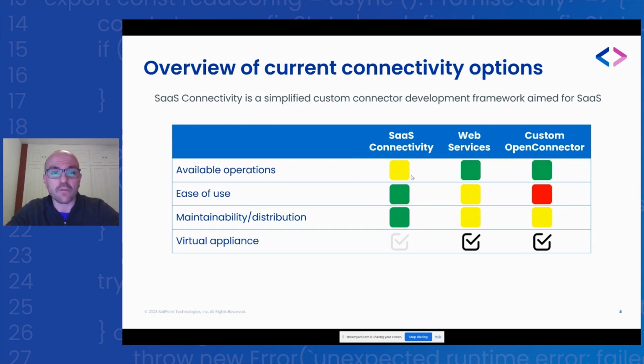It's going to have full features. In terms of ease of use, you may think that the Web Services Connector is something you could be more comfortable with to get started than SaaS connectivity, but I beg to differ. The Web Services Connector may be very friendly because you have a UI and you just need to fill out the operations that you want to implement.